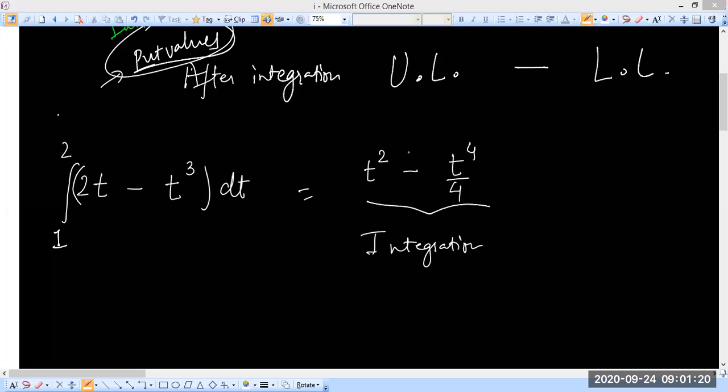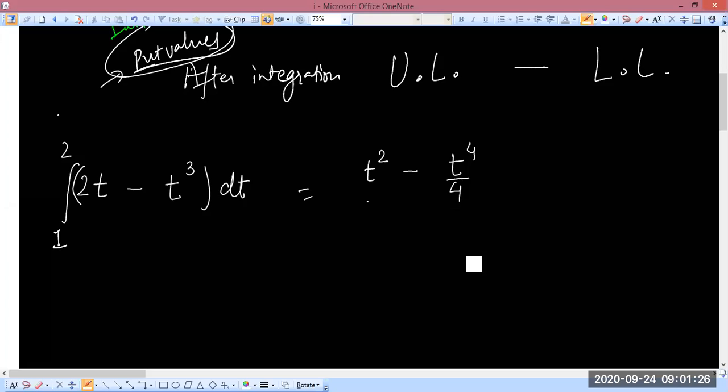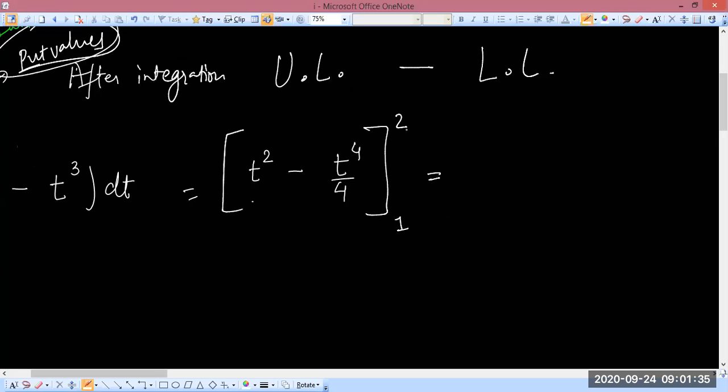Okay, Dikshita, you're getting -3. Interesting. And now, how should we write it? We should write it in square brackets, compulsory. Put 1 here, put 2 here, and then continue. You can do this separately also.